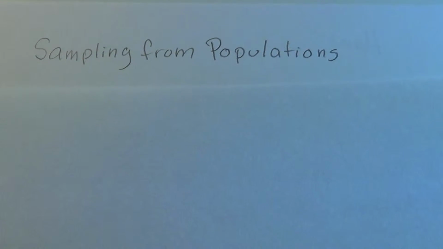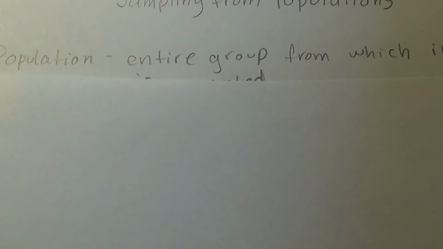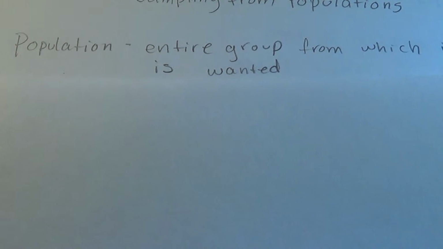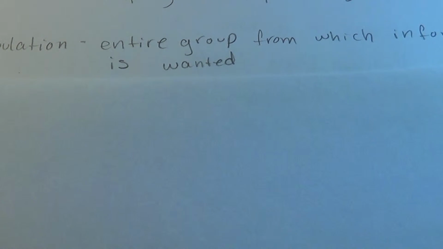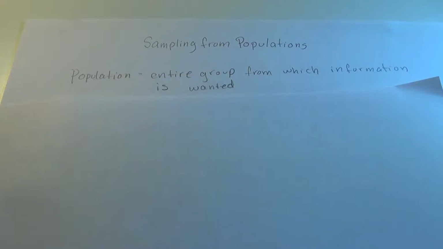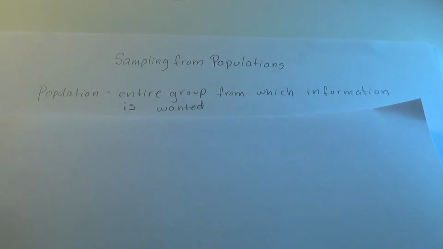We did sampling from populations. That's what we're going to title it. So take notes, please. We had to identify what a population was and what a sample was. A population is the entire group from which information of some kind is wanted.